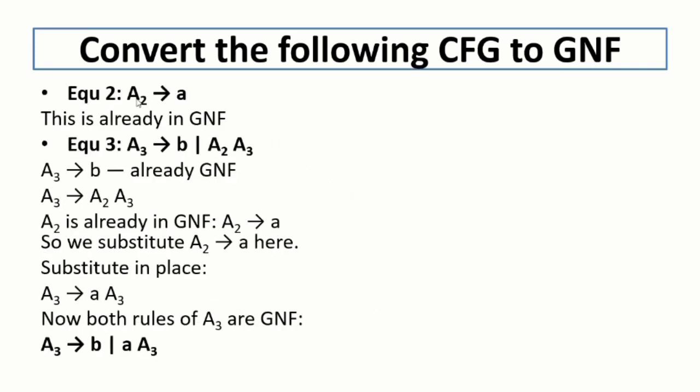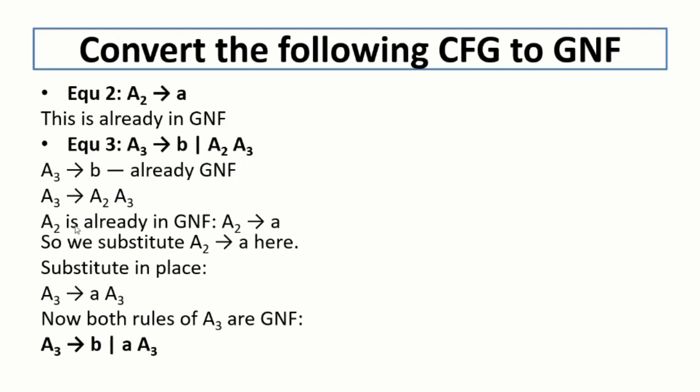In equation 2, A2 tends to terminal symbol a, already in Greibach normal form. In equation 3, A3 tends to terminal symbol b or non-terminal symbols A2 A3. Here A3 tends to terminal symbol b is already in Greibach normal form. Then the other production A3 tends to A2 A3.